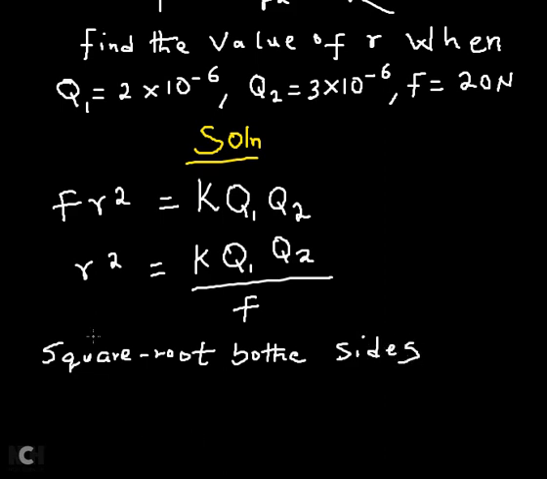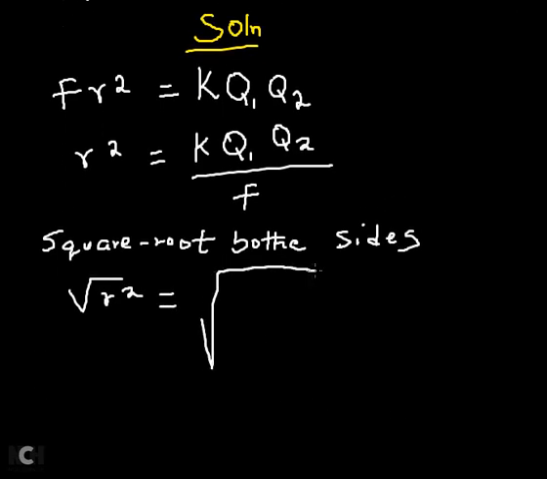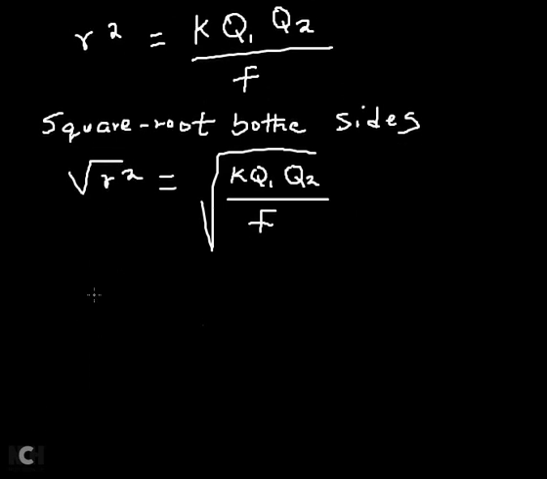I will have to find the square root of r squared, and the square root of k q1 q2 divided by F. So square cancels square root, and I have r equal to the square root of k q1 q2 all over F.